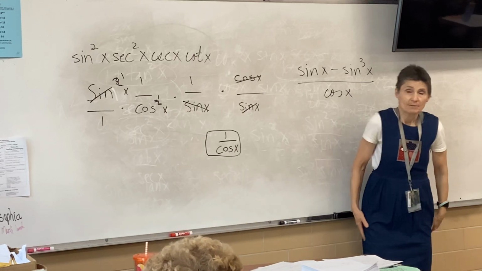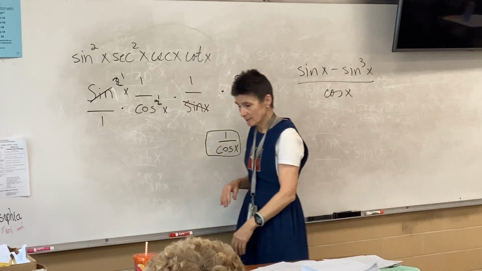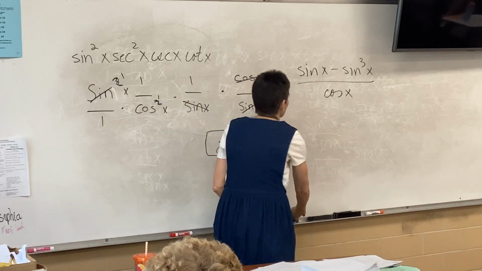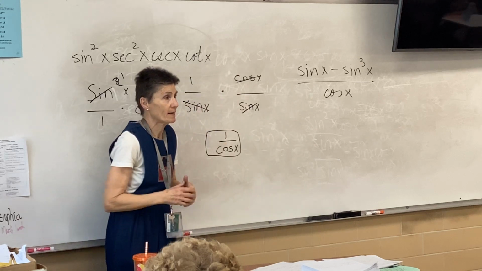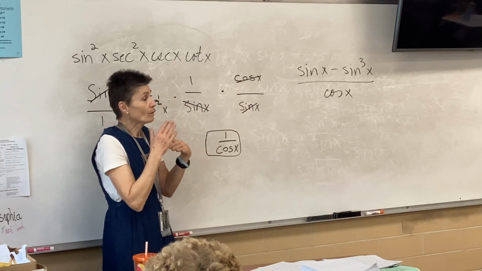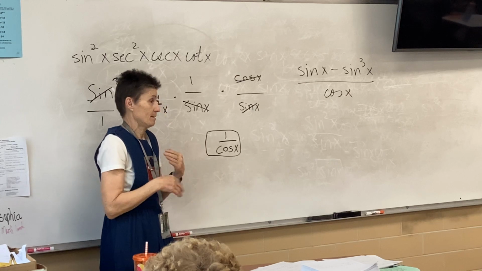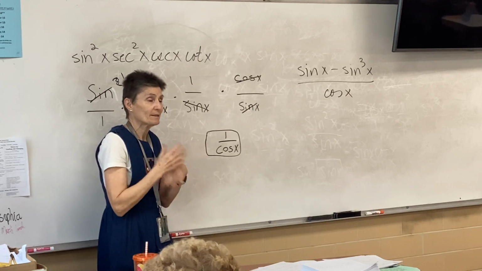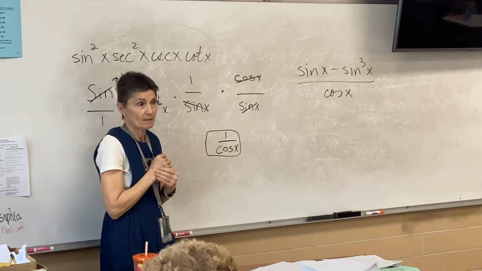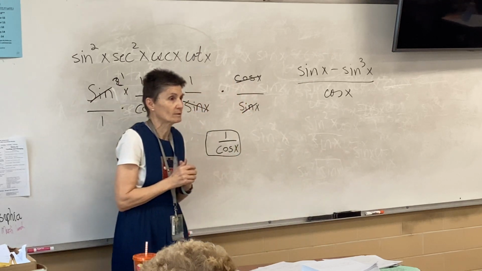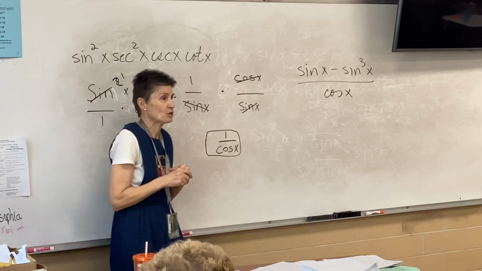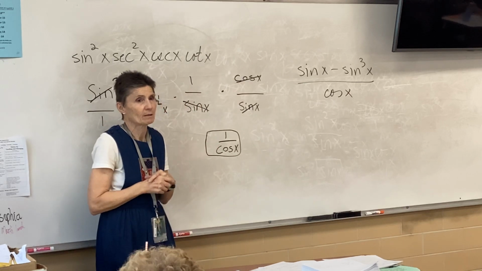All right, now let's look at this next one. It looks a little scary, but I want you to think about the problems that we've practiced the last 2 days. What are some of the things that we've done? Some of the strategies we've used to get started. Like we foiled. Yesterday I remember there were 2 problems we foiled. Well, this isn't a foil situation, but what could I do here?